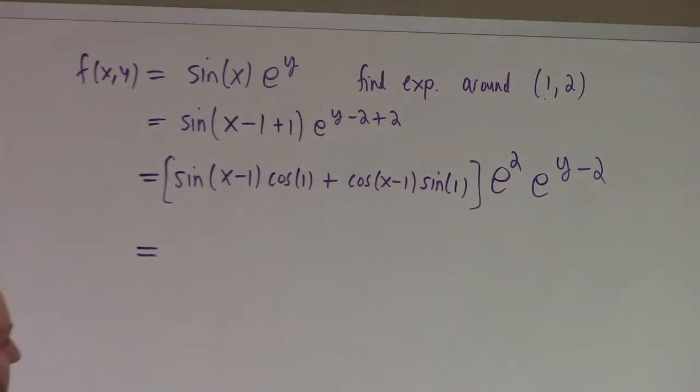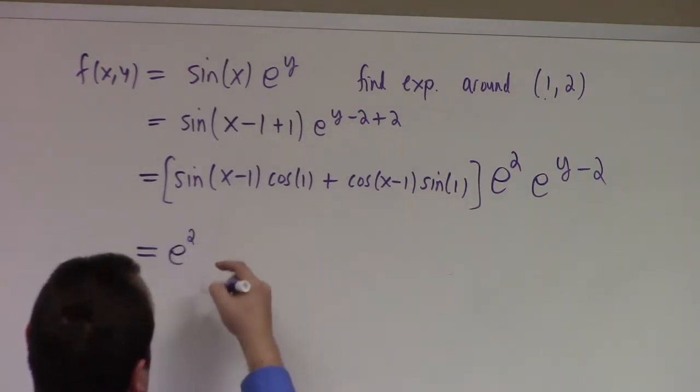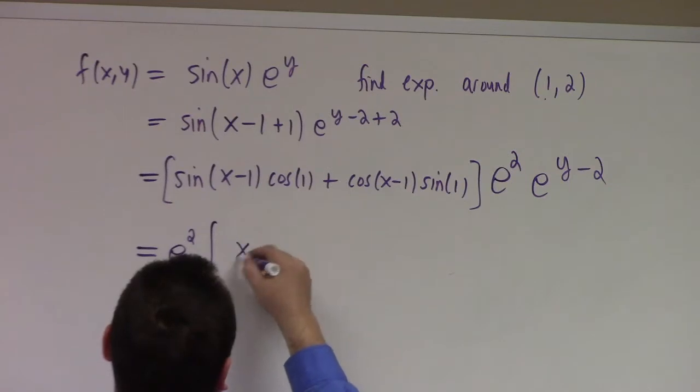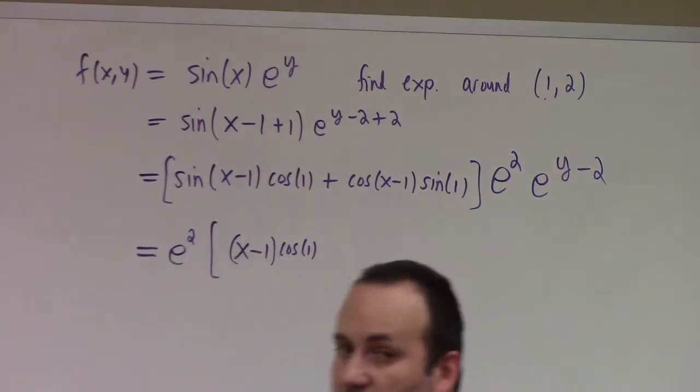There's an e to the 2 out front. This is like x minus 1 cosine of 1. I'll just do it to quadratic order.